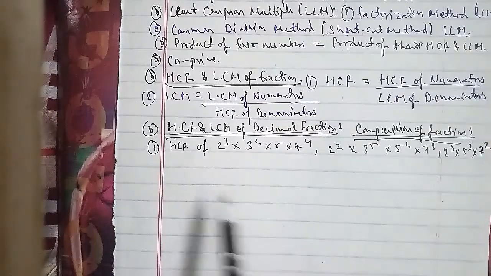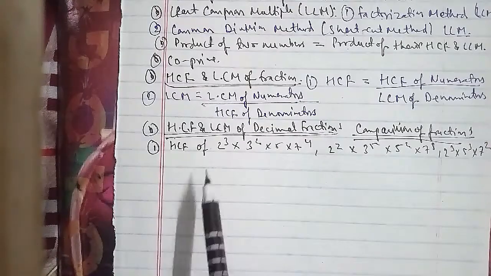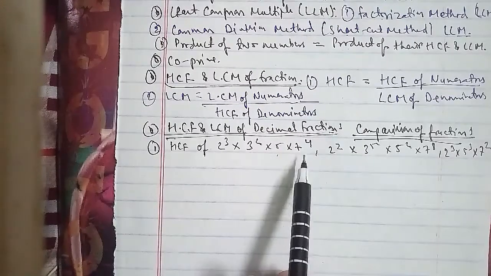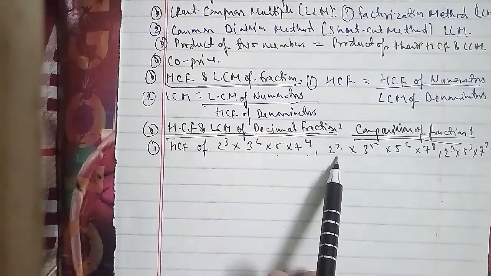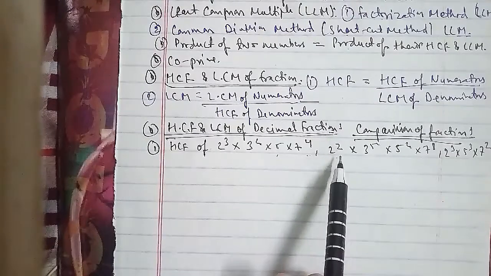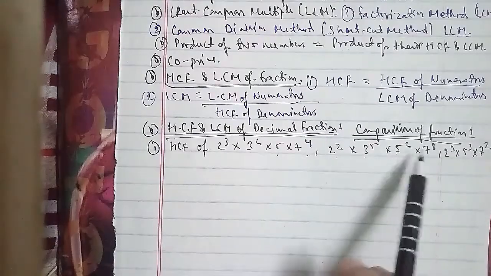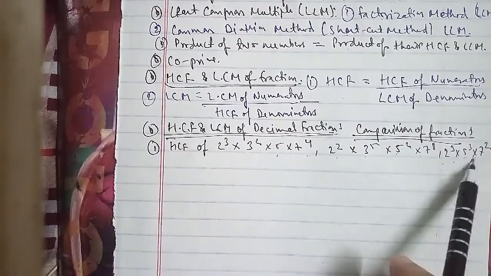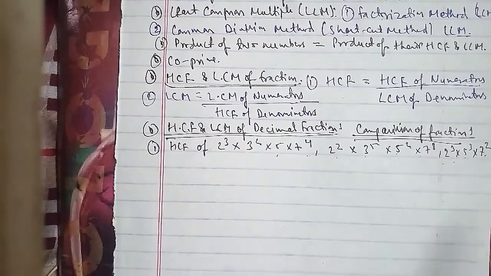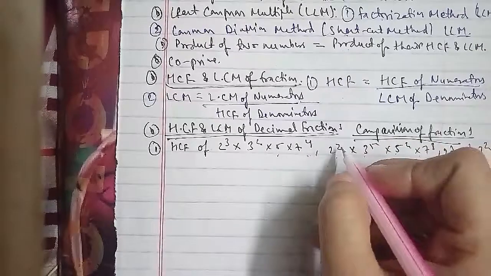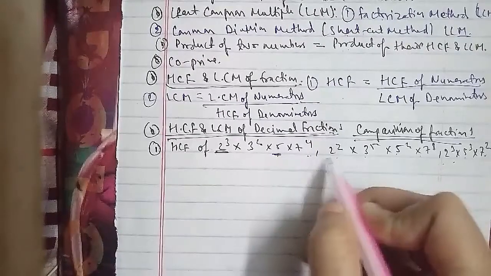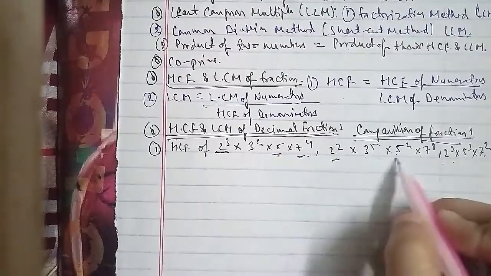We have to find the prime numbers common to the given numbers. As you can see, we have 2, 5 and 7 as common prime numbers. So the prime numbers common to the given numbers are 2, 5 and 7.